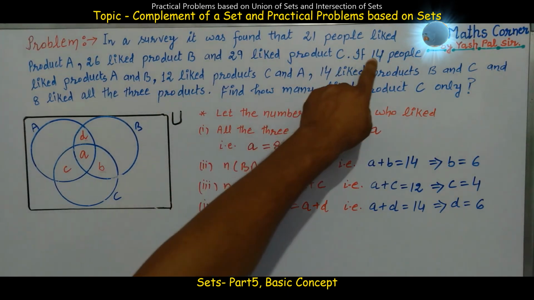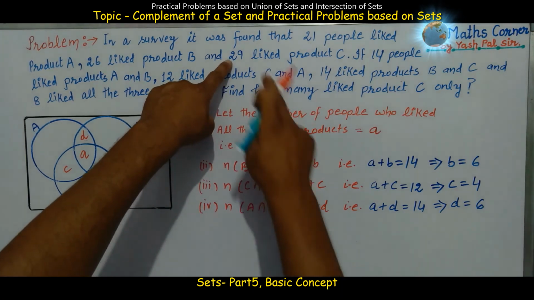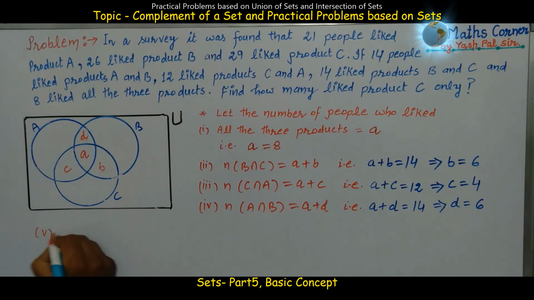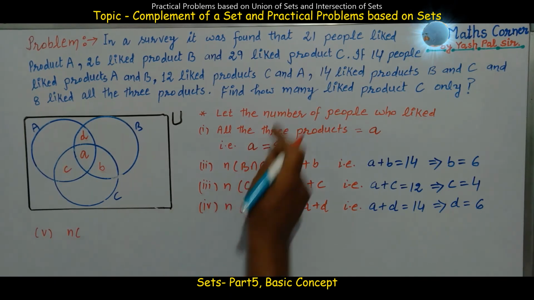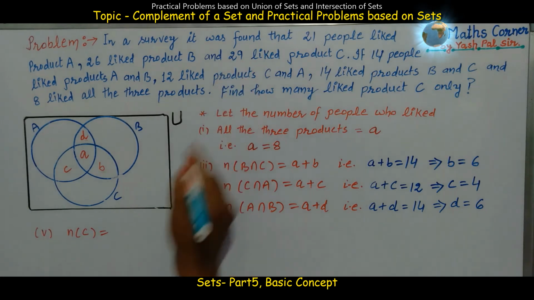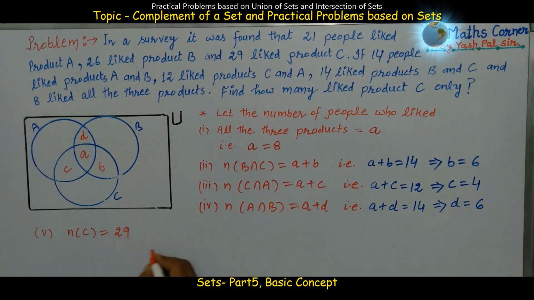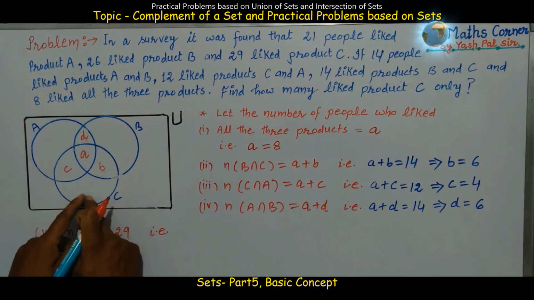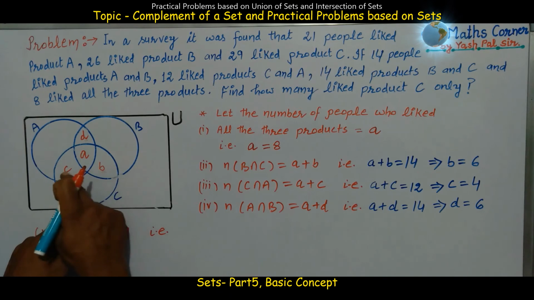After this, we have 29 who liked product C. So the number of people who liked product C is equal to 29. What is C? C is this complete circle, the sum of all its parts.